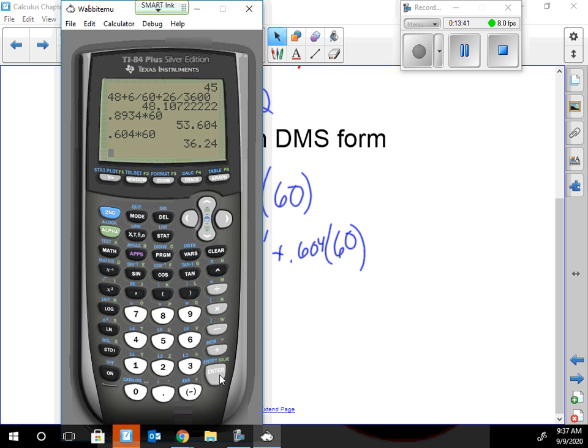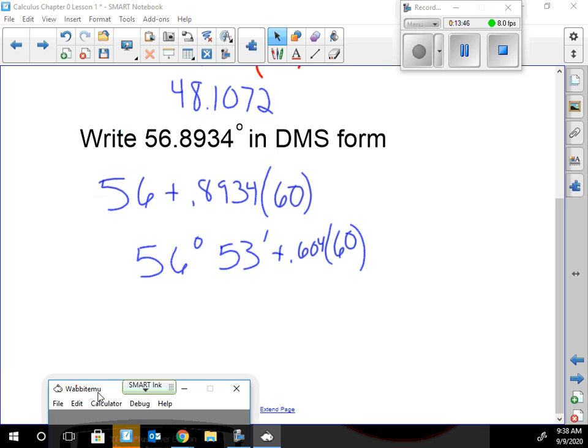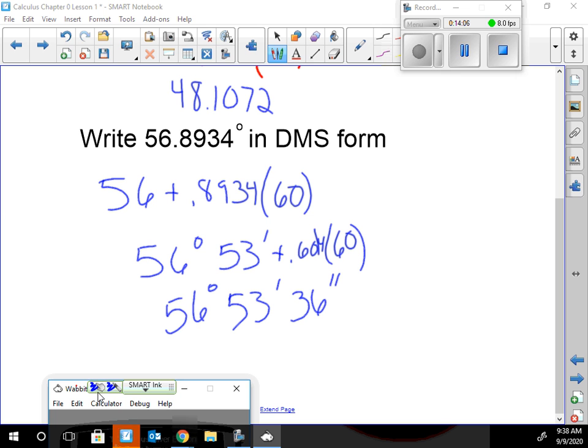You get 36.24. Now I still have a decimal here, but I'm down to seconds. So basically I can round off that 4, and that would just give you the 36. So it's 56 degrees, 53 minutes, and 36 seconds.